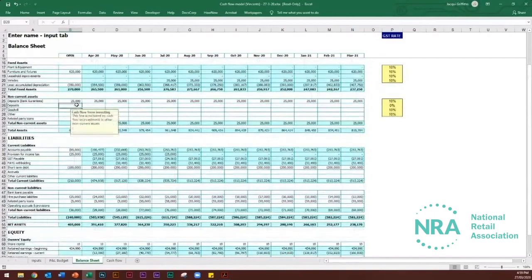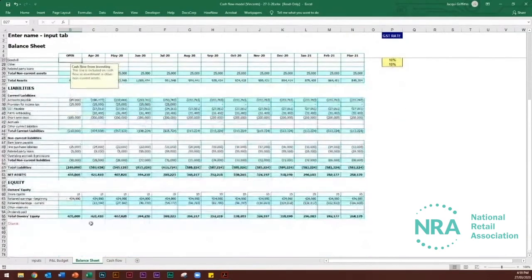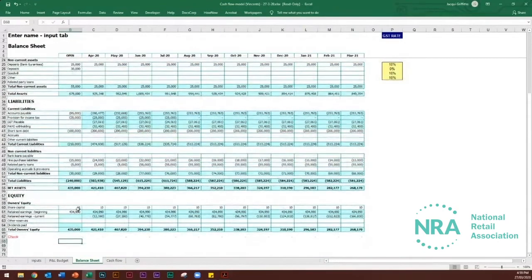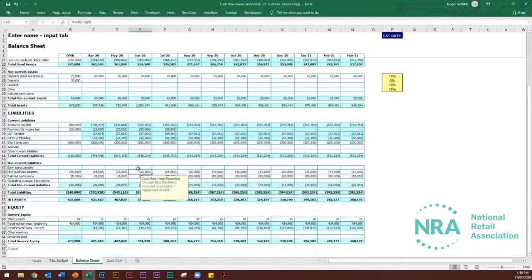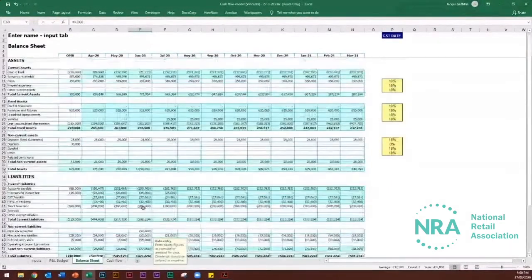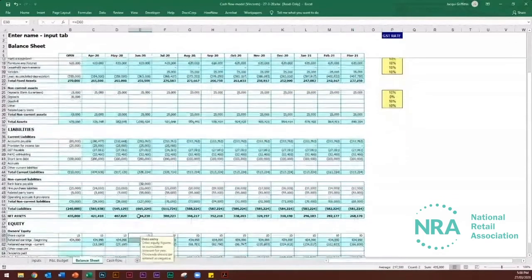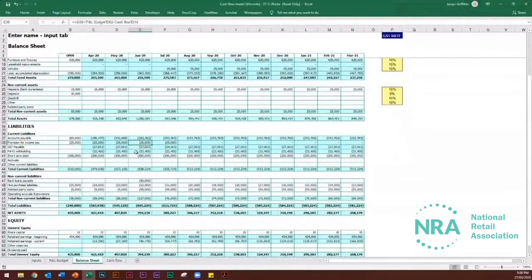Provided that the opening balance here is correct and balances, then you can put anything else in here and that'll automatically balance through to the cash flow. You don't have to balance anything else, unless you added a formula.